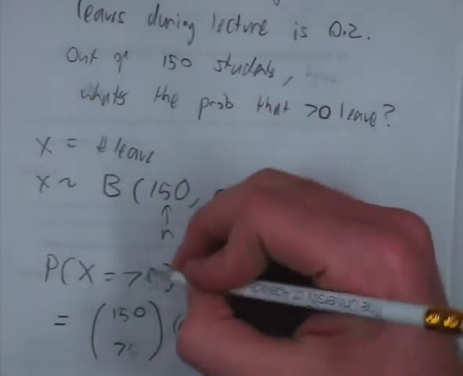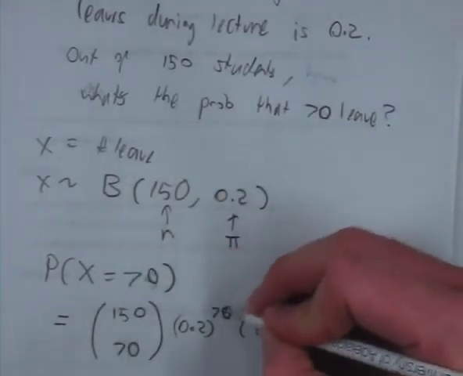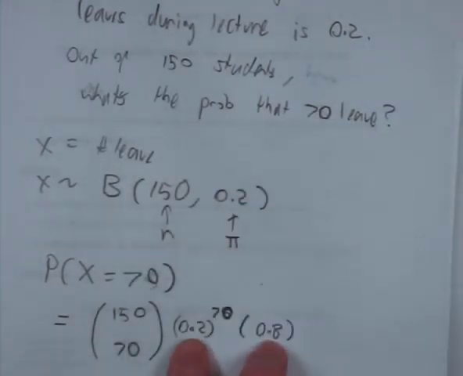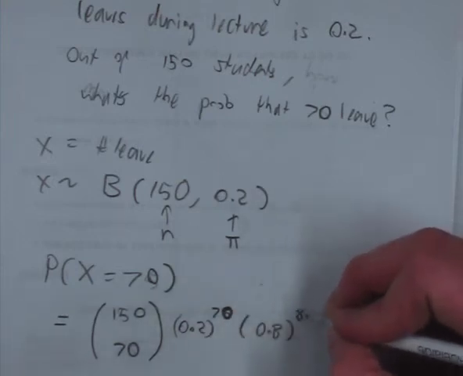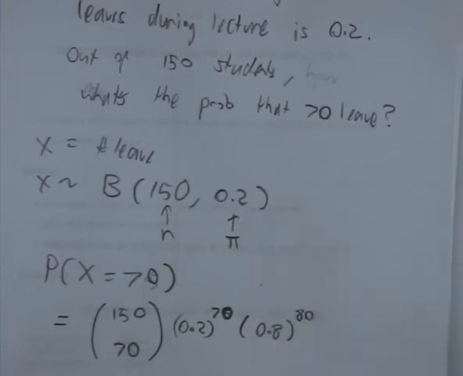So if it was 70, these two numbers here add up to 1. So this is the pi, and this is the 1 minus pi. Okay? And these two numbers here add up to the 150. Okay? So this is the x, and this is the n minus x.